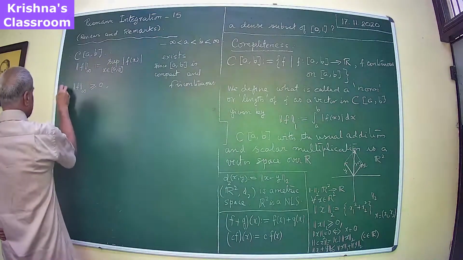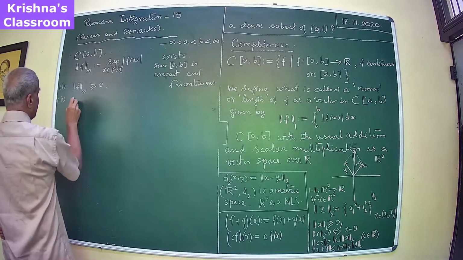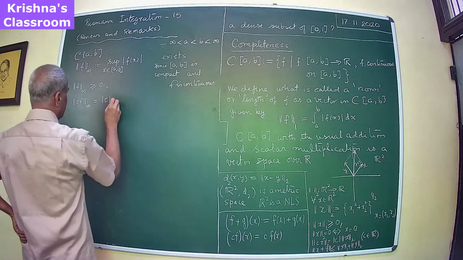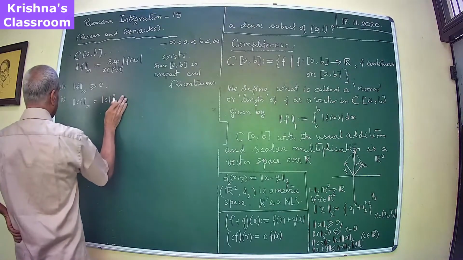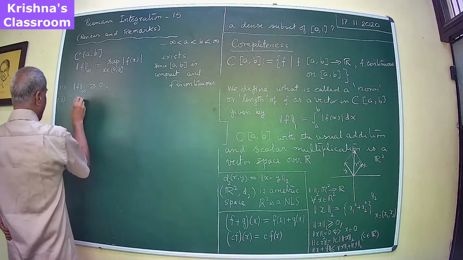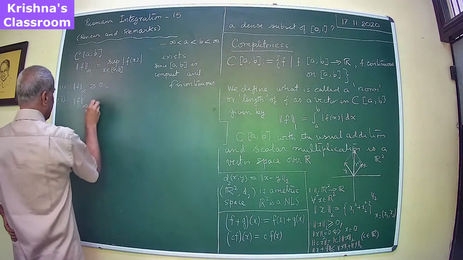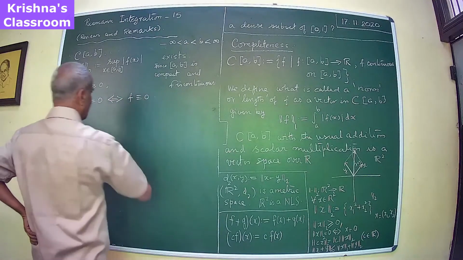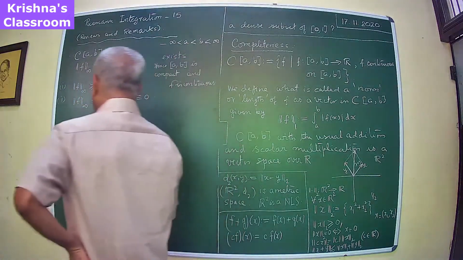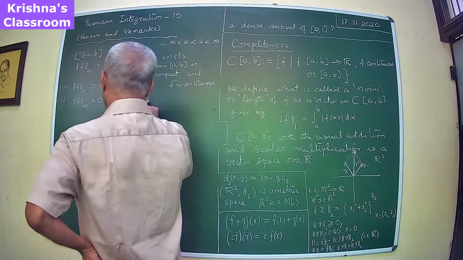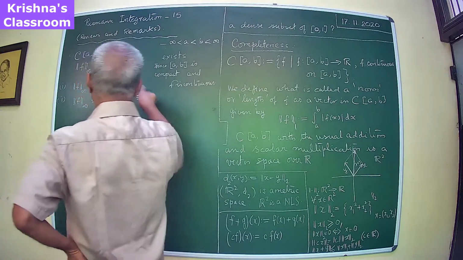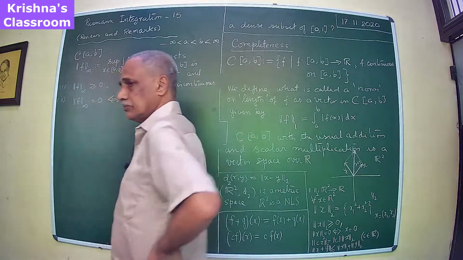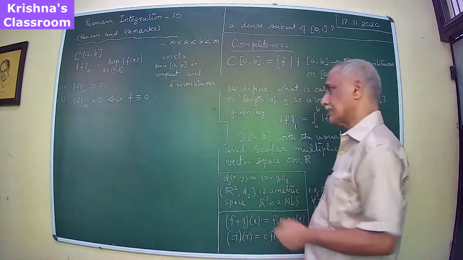Then you have the second criterion, namely norm of f infinity equal to 0 if and only if f is identically 0. And let us examine this. What does it say? When f is identically equal to 0, this supremum is equal to 0, therefore this norm is 0. So that is defined.